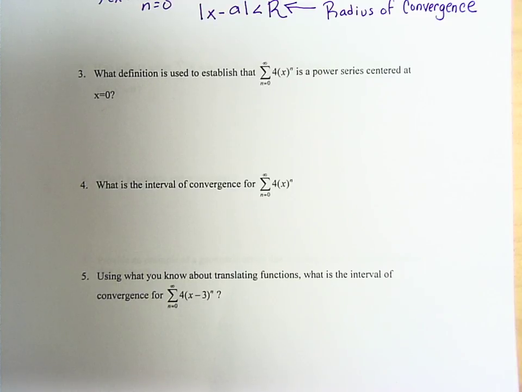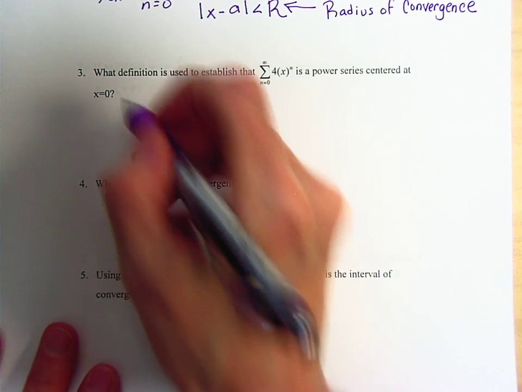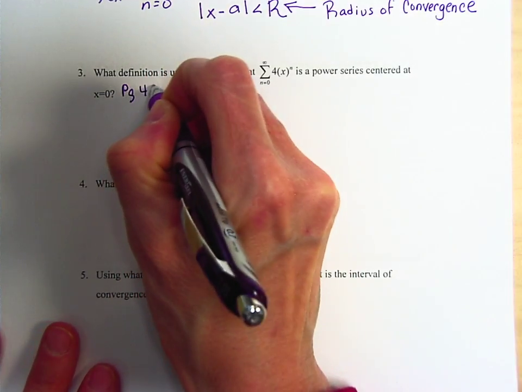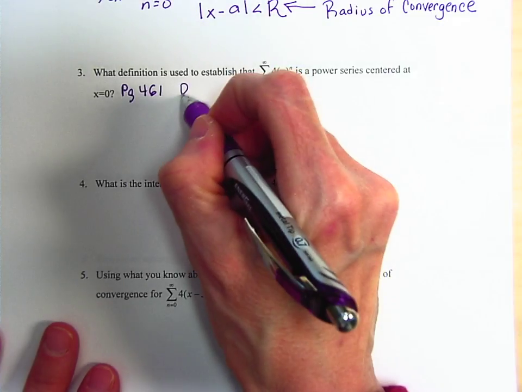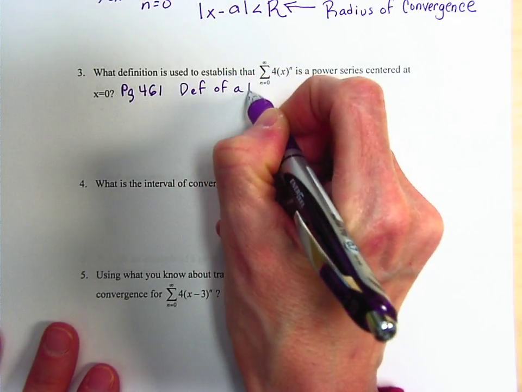this question is asking what definition is used to establish that the summation of 4 times the quantity x to the n power is a power series centered at x equals 0. Well, that can be found on the top of page 461. So this is our definition of a power series.